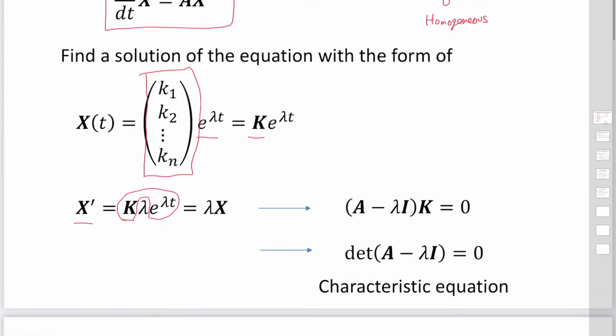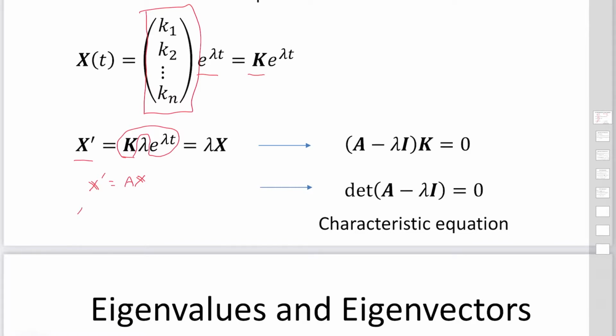Then you can substitute this into the original differential equation, x prime equals Ax. x prime is lambda x, equal to Ax. From this equation you can find that (A minus lambda I) times K equals 0, where I is a unit matrix.